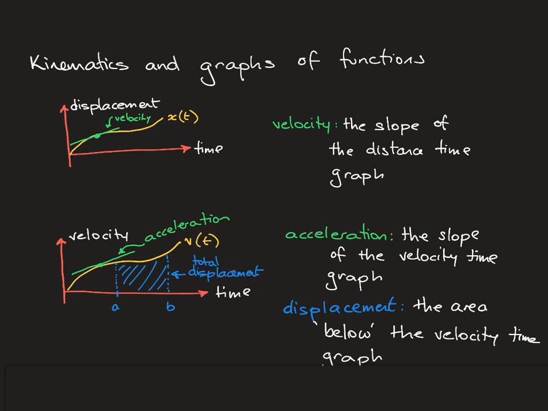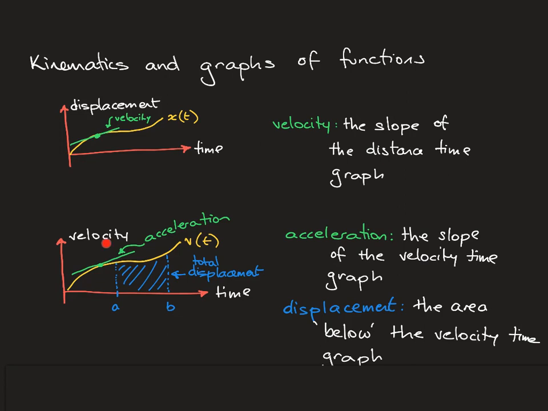What that means is, for a velocity time graph, integrating velocity is like finding the area underneath the curve. So the area underneath the curve between two points A and B, when the curve is a velocity graph, will give you the total displacement that occurred between time t equals a and t equals b.